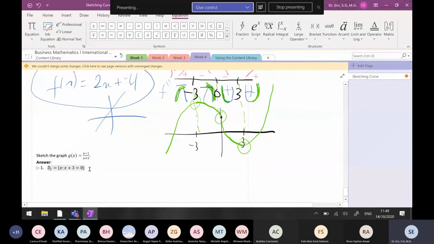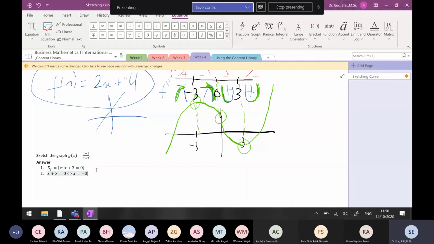Very quickly, x plus 3 equals 0, and this means that x is minus 3.